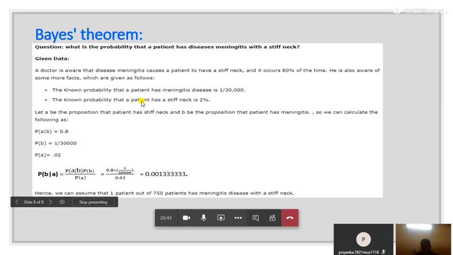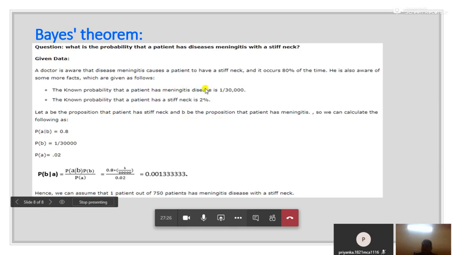So for a patient suffering from a stiff neck, the probability is 2%. We are representing the proposition that the patient has a stiff neck by A, and the disease meningitis by B.